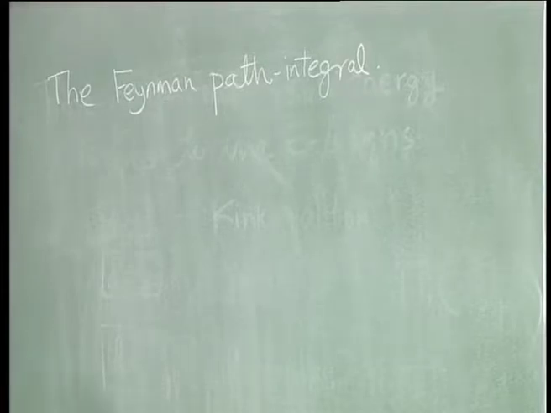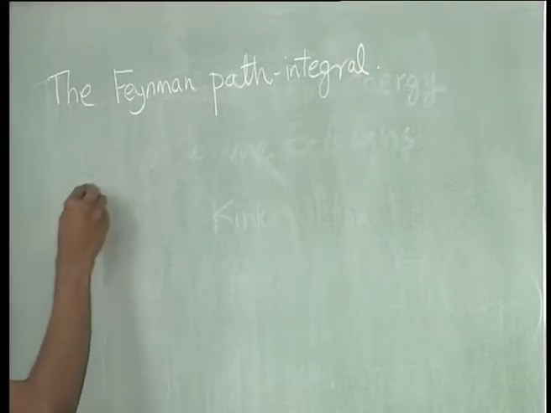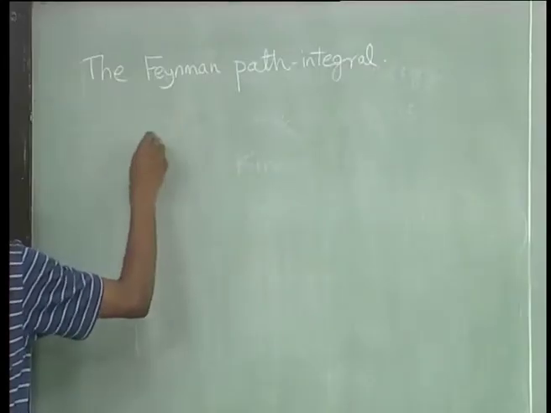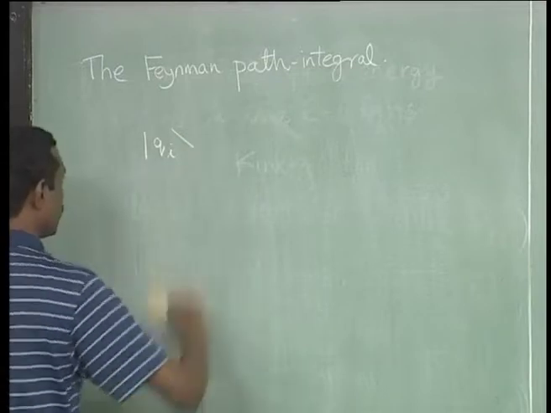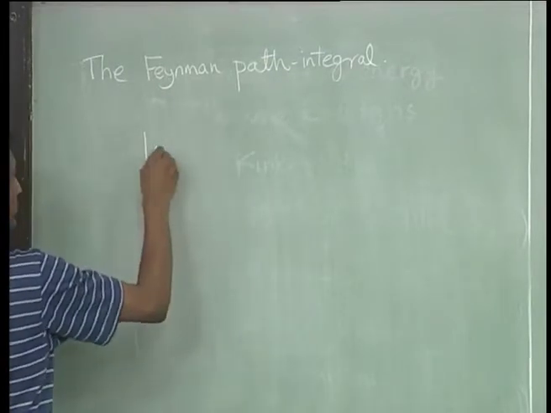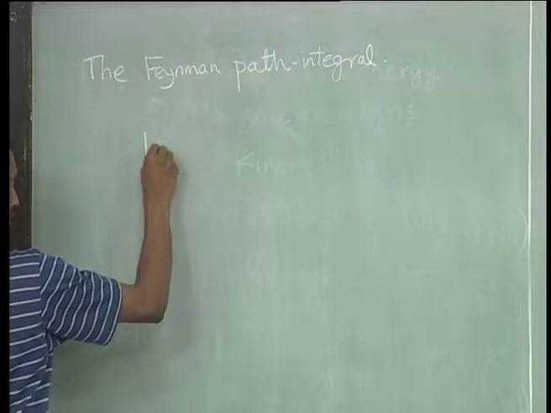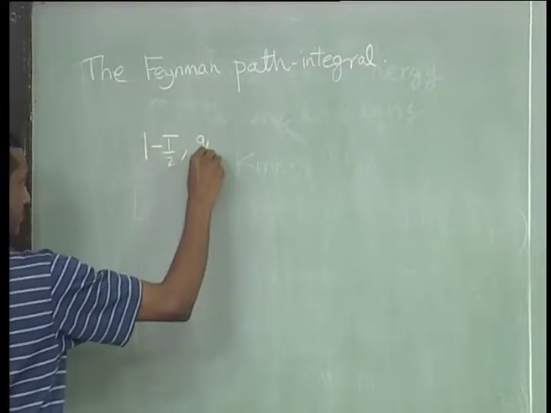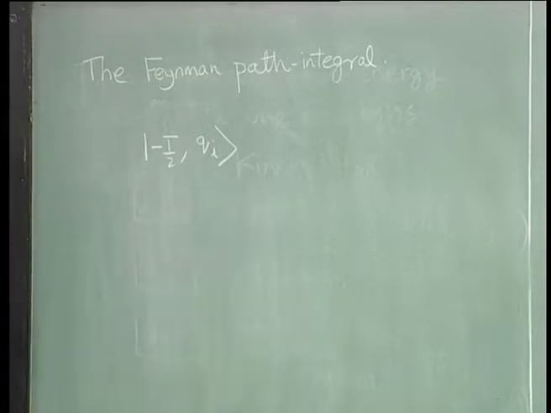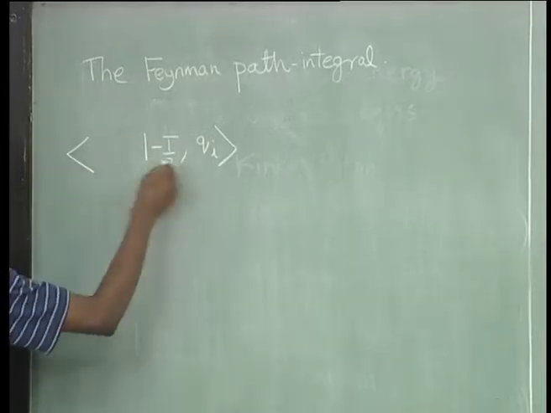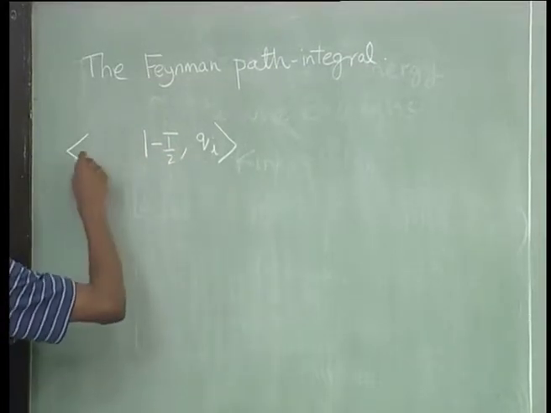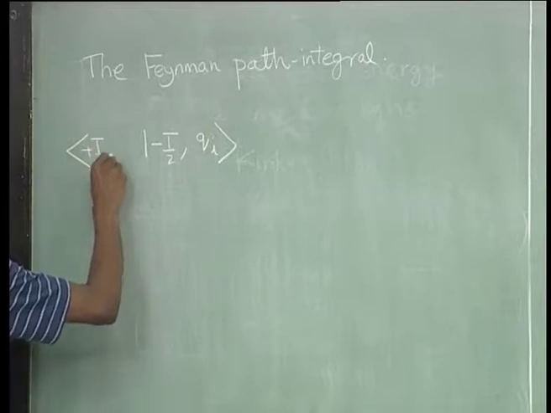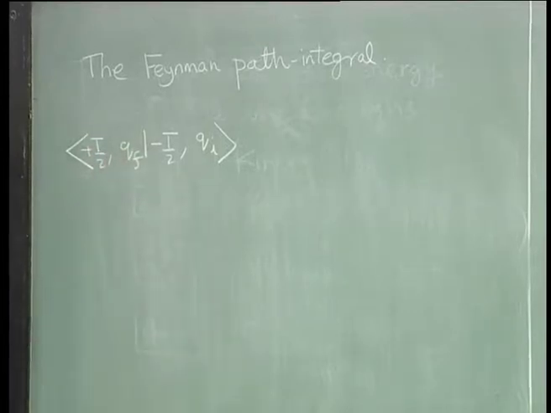Okay. So Feynman path integral actually gives you, suppose you have at some initial time, you start out with your system being in Qi, and usually it is done in the following way: you take it to be at some initial time minus T by 2, it is at say Q initial, and you want to know the transition, the overlap of this with the system at some later time T by 2, at some final Qf, and later what you have in mind is you take capital T to infinity.